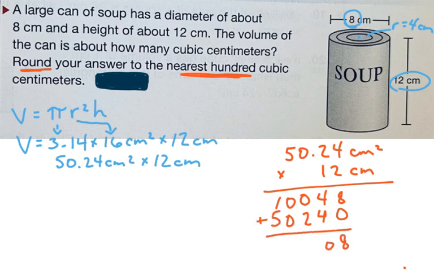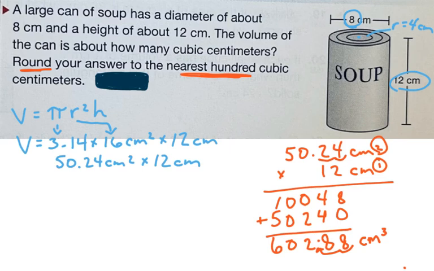And we add 206. And we have 2 decimal places in our problem. 1, 2. And we have centimeters squared times centimeters. So remember, we add those exponents. 2 plus 1 is 3. So we end up with 602 and 88/100 centimeters cubed.